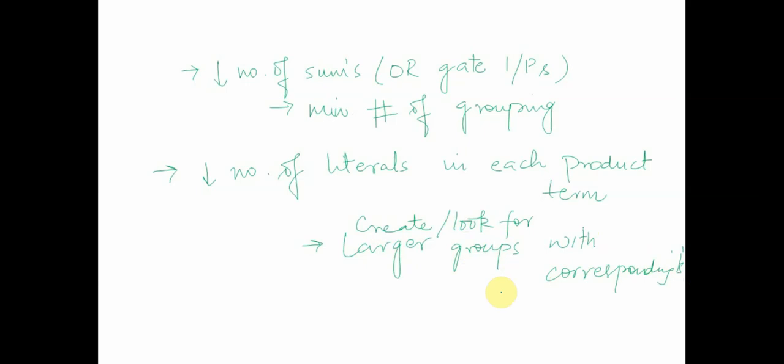And how do we decide upon the groups? Let's take one more example over here. If we look at this particular example where we have a K-map, with something like 1, 1, 1, 1.